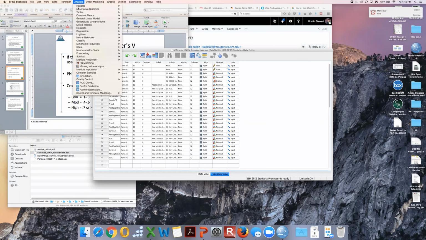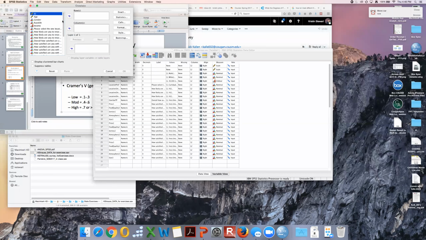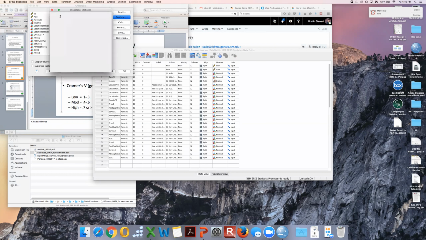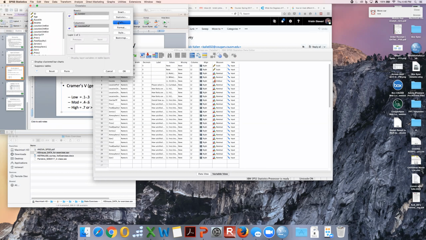Analyze, descriptive stats, crosstab, gender, right click, display variable names, location preference, statistics, chi-square, Cramer's V, cells.